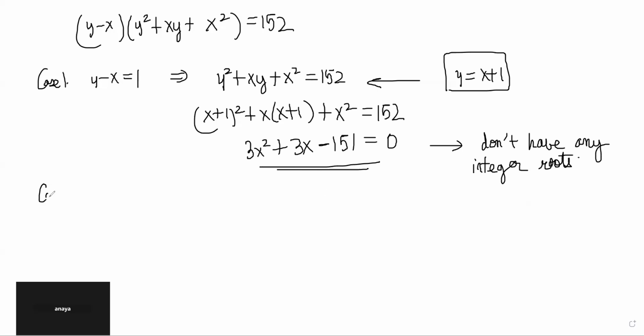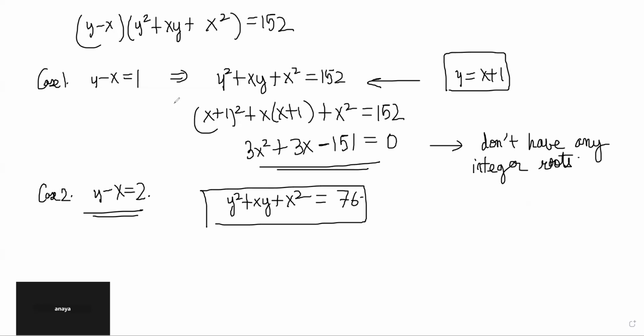So then we'll go to case 2, where y minus x is equal to 2. Then the equation becomes y square plus xy plus x square is equal to 76, because we are putting 2 here. Here we'll put y equal to x plus 2 and make a quadratic in x.